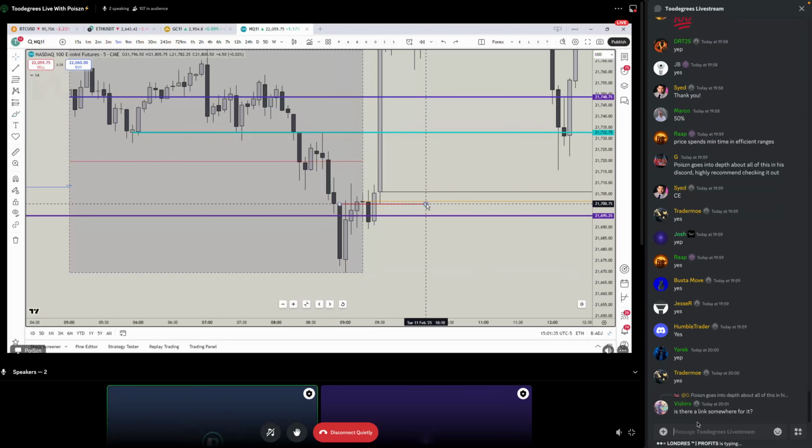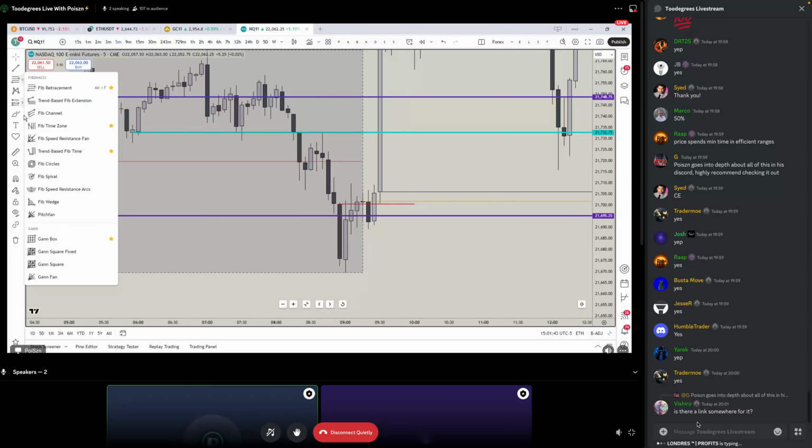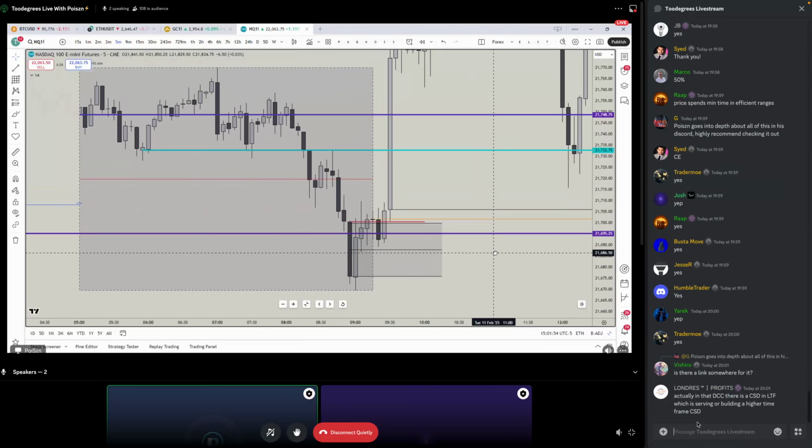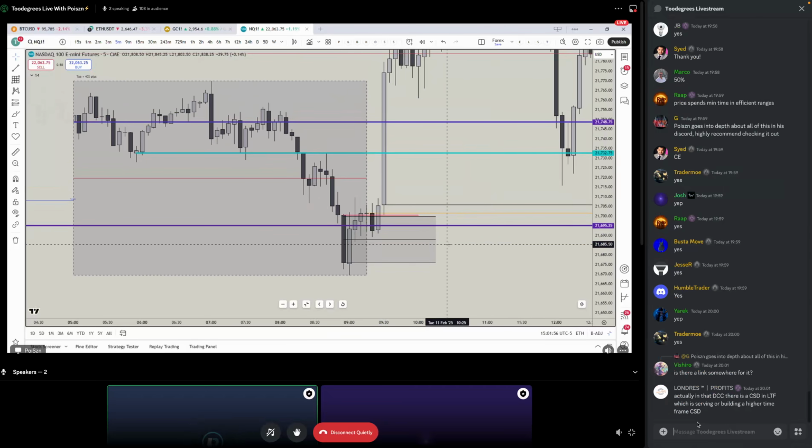Once the CSD comes in right here with a close through the opening price of this candle, we could treat this candle as an order block right there. Body to body, wick to wick, it's up to you. All we are interested in is what your entry fractal model would be or should be. In this case, the opening price of the CSD level of this down candle body right here would be sensitive to price.